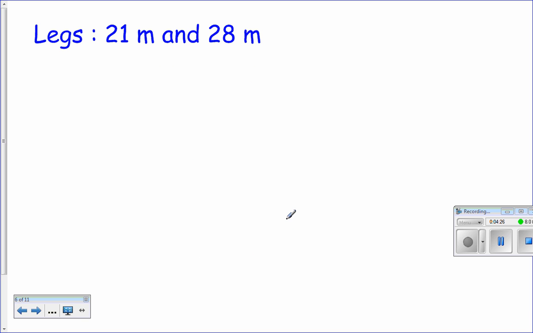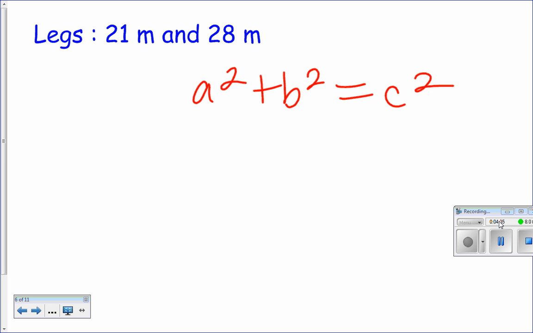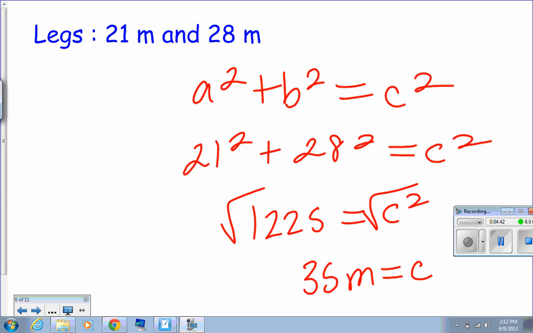Go ahead and try this one on your own. Again, using a squared plus b squared equals c squared. So you should have plugged in 21 squared plus 28 squared equals c squared.